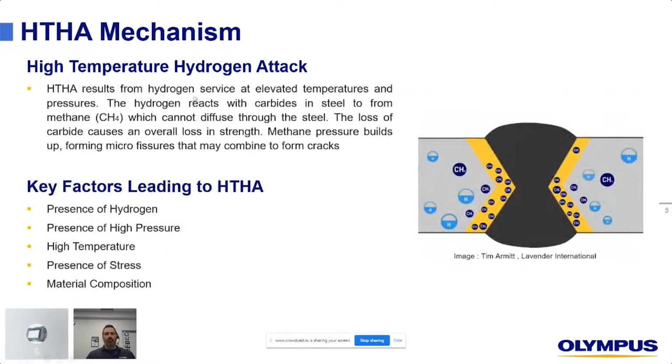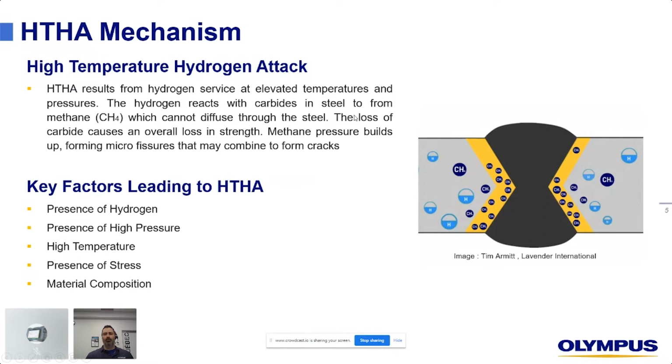HTHA is the result of hydrogen service at elevated temperatures, as mentioned previously, as well as pressure. The hydrogen reacts with the carbide in steel to form methane, CH4, which cannot diffuse through steel, so it is trapped there basically. The loss of carbide causes overall loss of strength in the material.